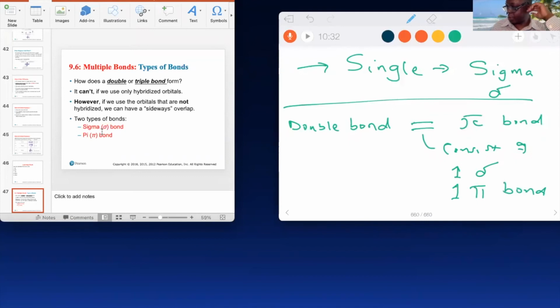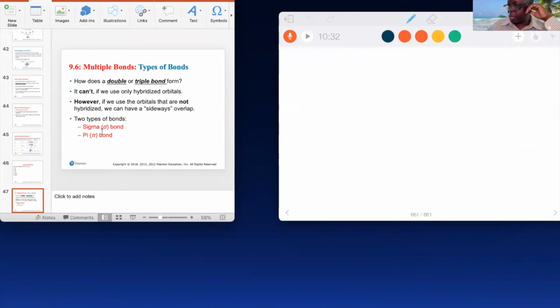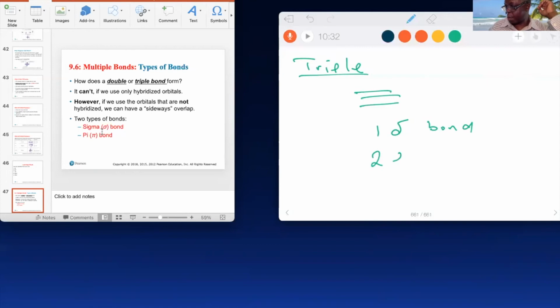Whereas a triple bond consists of one sigma bond, you know what that means, and two pi bonds, which are formed as a result of overlap.